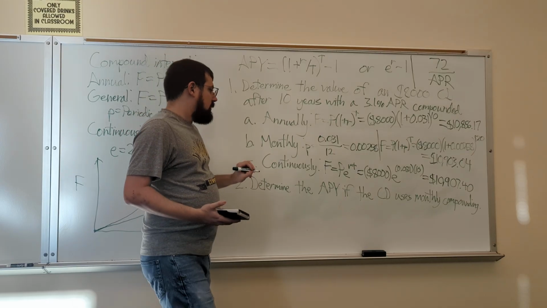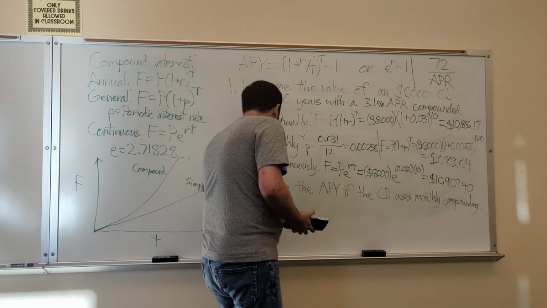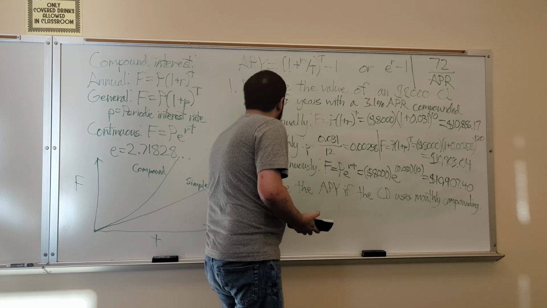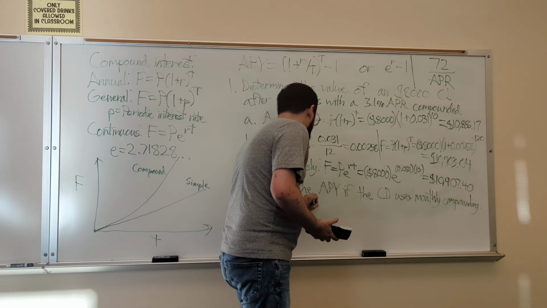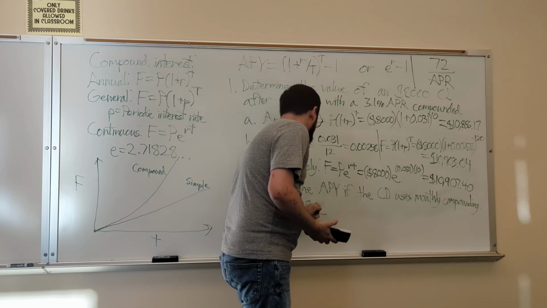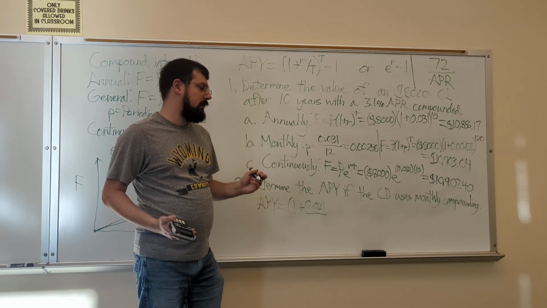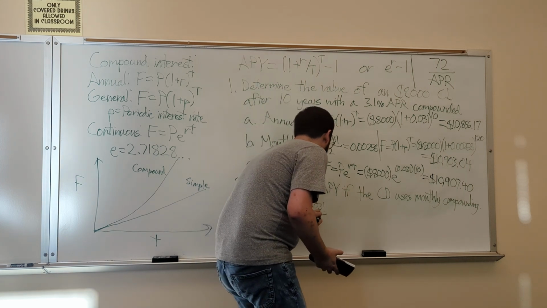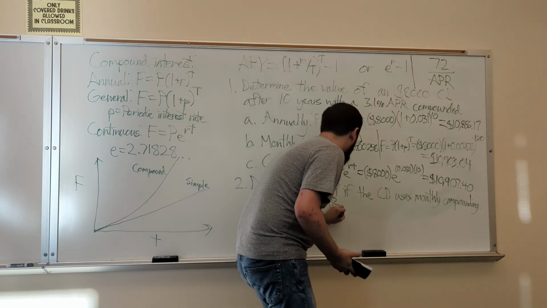So in this case, we're saying the CD uses monthly compounding, so our APY is going to be 1 plus R, which is 0.031, over T. In this case, T is 12 because we're compounding monthly, or 12 times per year, raised to the 12, minus 1.